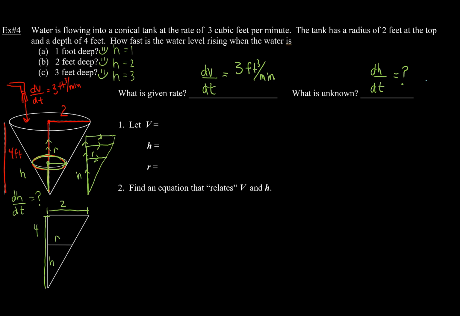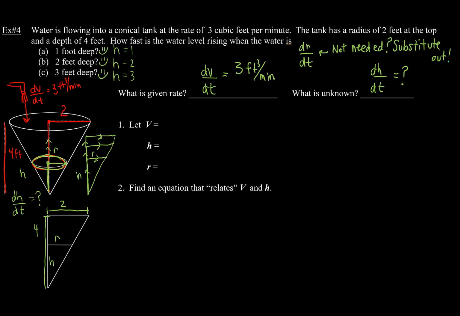And notice, no one said anything about the change of the radius with respect to time. So what we really have to think to ourselves is, is it not needed? It's not that it's not needed, but it does need to be substituted out. So we need to substitute out.